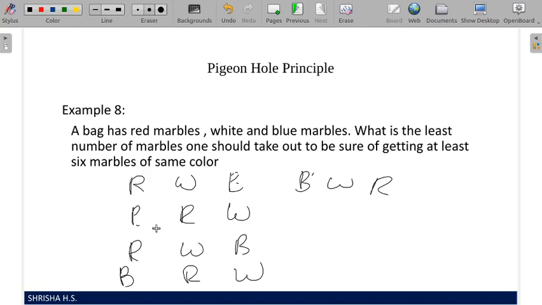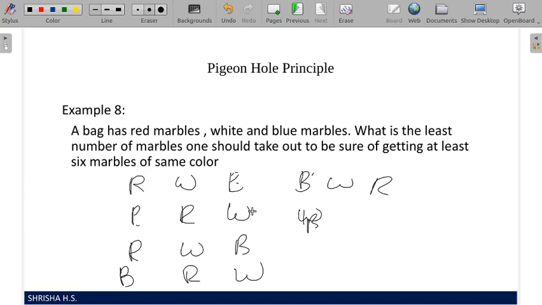When I pick any random color now, let's assume white, that makes 1, 2, 3, 4, 5, 6. So total 15 plus 1, 16, whether red or blue, any random pick, and that's the worst case. The best case is red, a minimum of 6 picks.